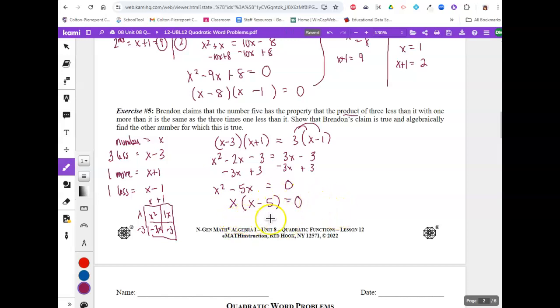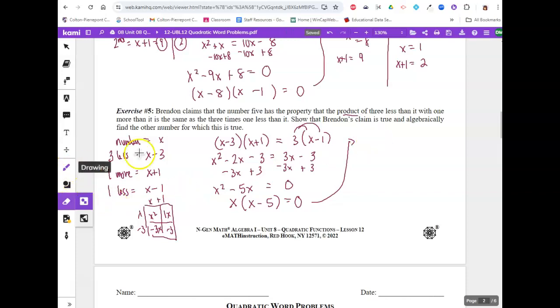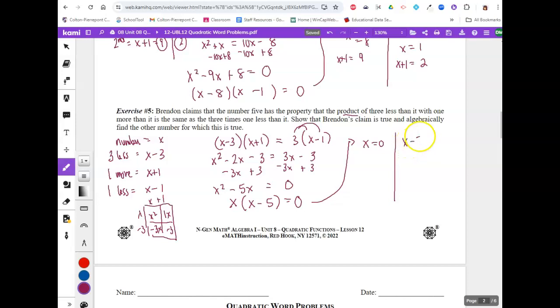All right, so I actually have two answers here. I take x and set it equal to 0, and I also take x minus 5 and set it equal to 0. So that means one of my answers is going to be x equals 0. And my other answer is going to be x equals 5.